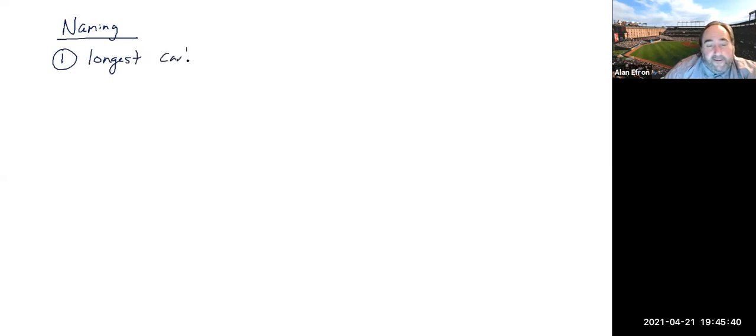How do we go about naming these guys, which is kind of an important thing. So naming really, again, as you can imagine, follows everything else we've been talking about, which is, what is the first thing we want to do? We want to find the longest carbon chain. This longest carbon chain does need to include the OH group, right?